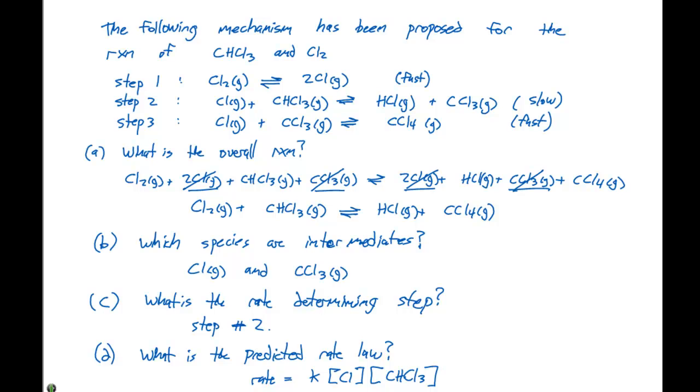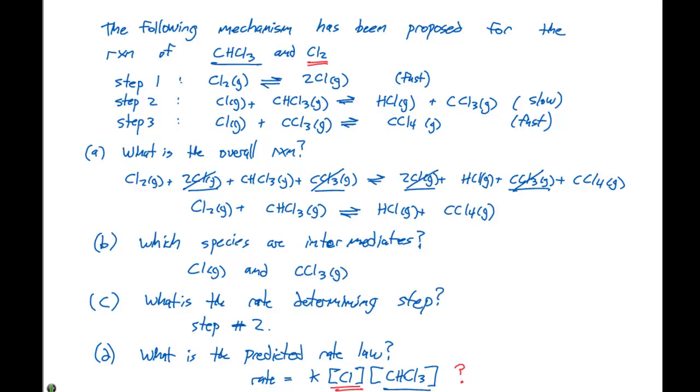If we look at our overall reaction, we have CHCl3 and CHCl3 down here, but we have Cl2 over here and just Cl down here. So this should raise a red flag and say, we can't have a species that's an intermediate be in the predicted rate law.